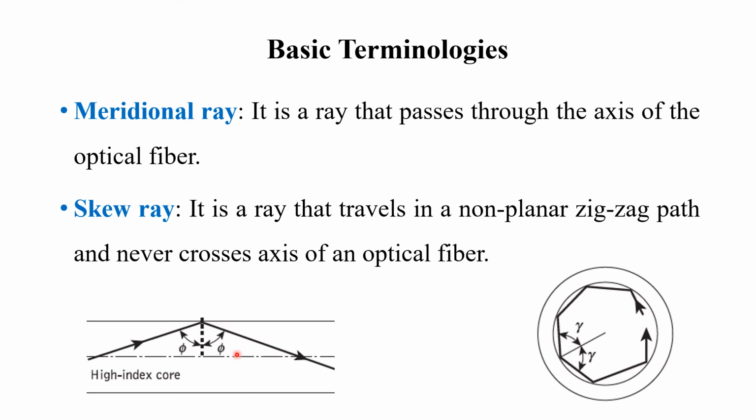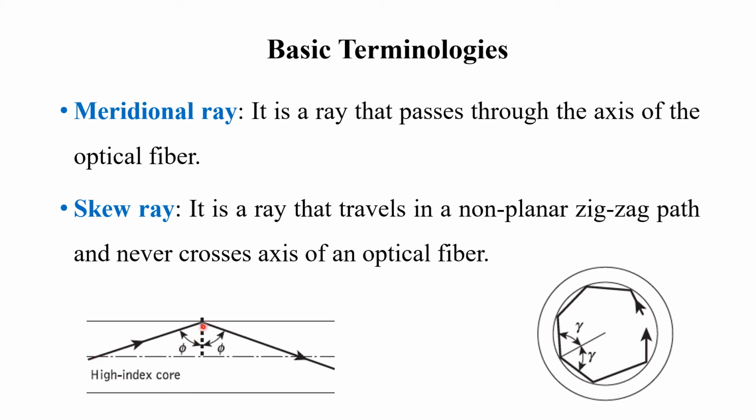Now when light is traveling through this optical fiber, if it crosses this axis like this, then we say that it's a meridional ray. It will be just a total internal reflection, which will be discussed in detail later. Now the light is traveling in the form of reflection. The light enters over here, and here also it is crossing the axis of the optical core.